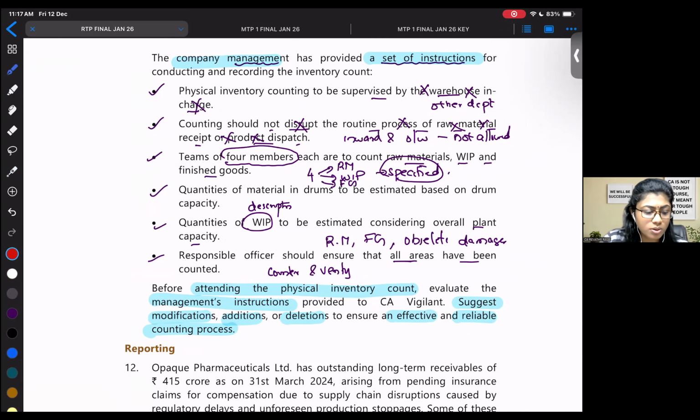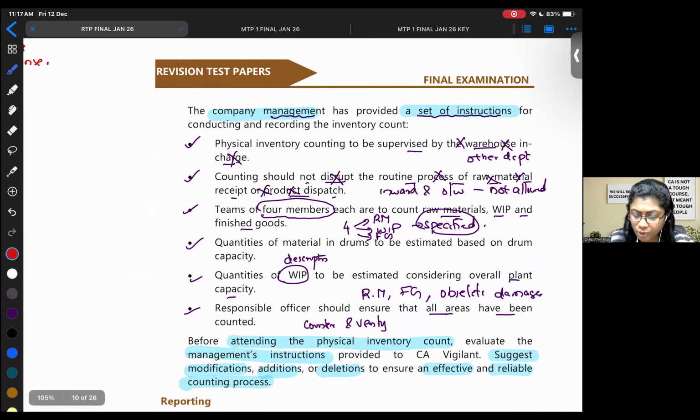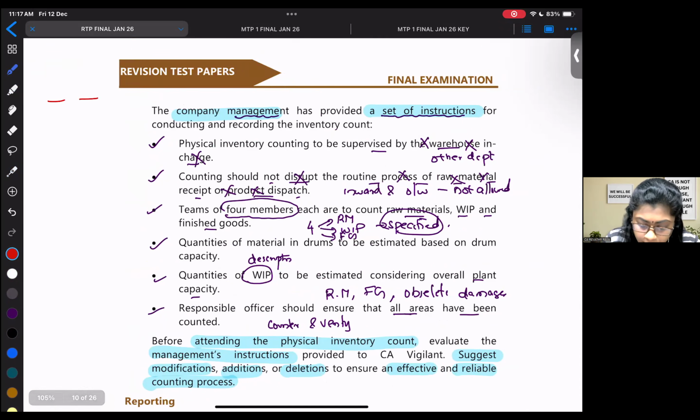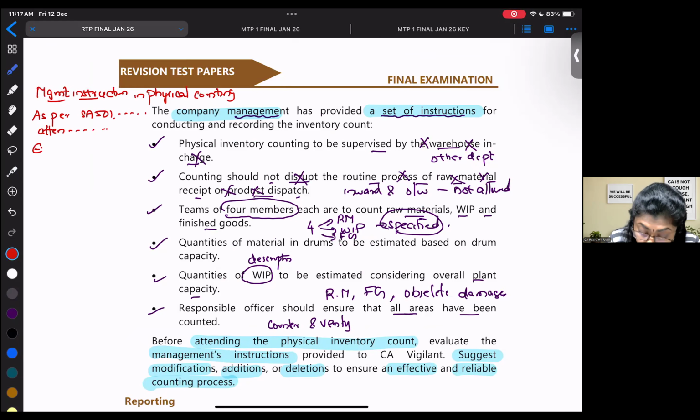See, how do you present? Put a heading, management's instruction in physical counting. Now, you may give reference to SA 501. As per SA 501, auditor should be an observer attending the physical counting, where the auditor will evaluate management instructions for inventory.